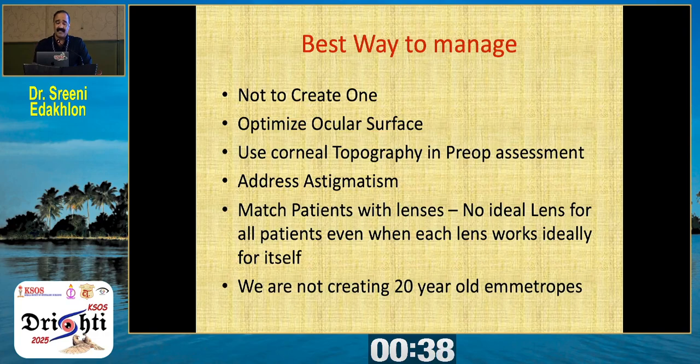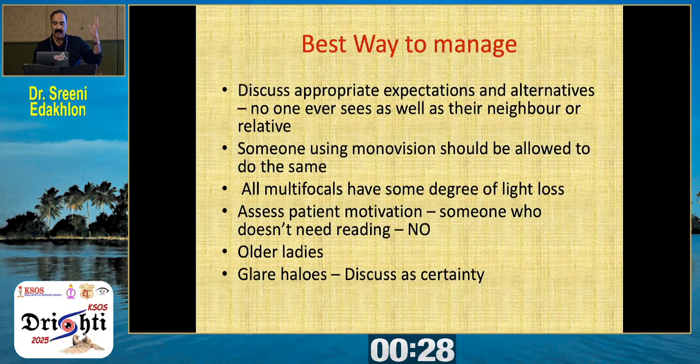As JKS said, we are not creating a 20-year-old limit row. It is an older patient. So you can't expect that patient to have a visual acuity of 20 years, and they always compare between eyes, compare with what the neighbor had, their relative had. So all these expectations have to be handled pre-op.